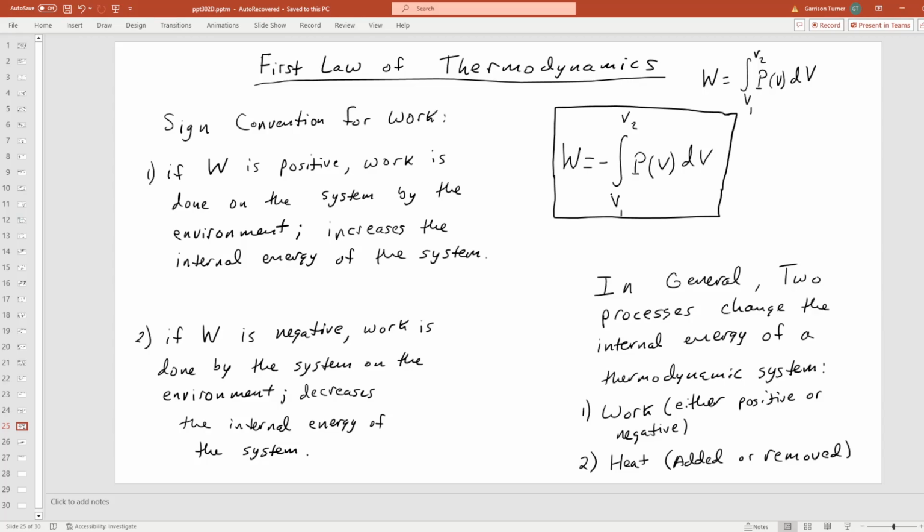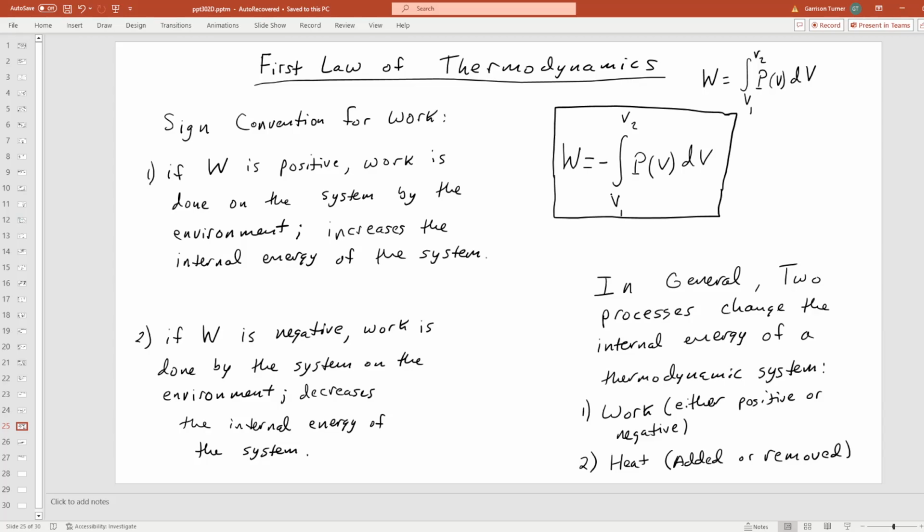First things first, if you notice, in our previous example from the last video, the work that we calculated when an external agent compressed the gas, we got a negative amount of work. I'm going to now say that that work is positive.